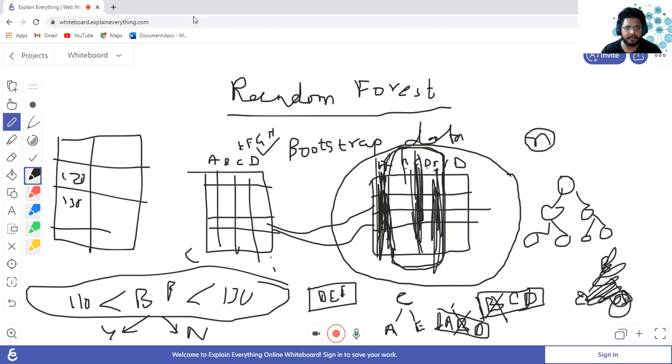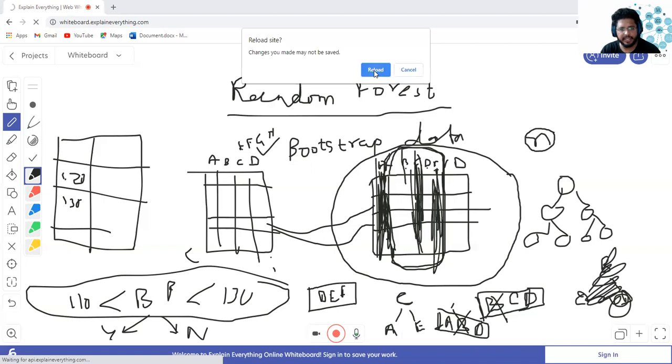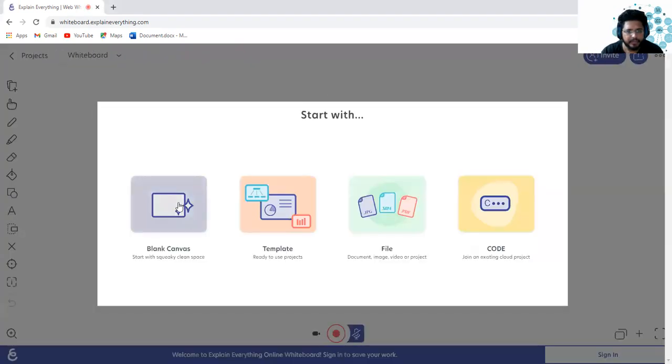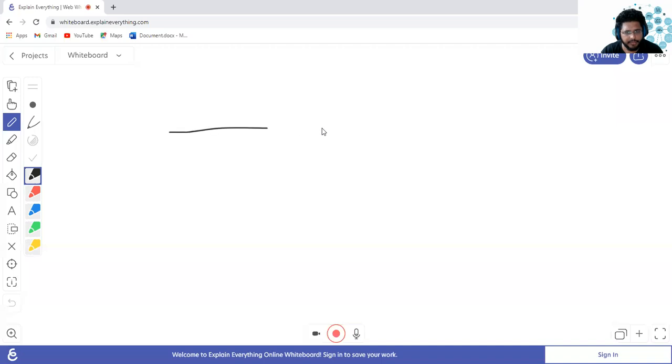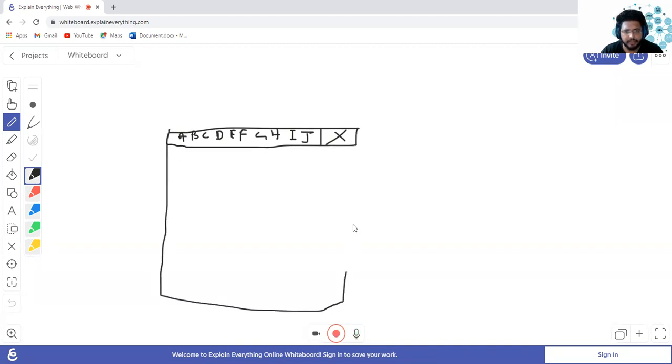Just imagine this thing. I will clearly explain it one more time. Say I had 10 columns, A, B, C, D, E, F, G, H, I, J, and this is the output column X. And I have 100 rows.